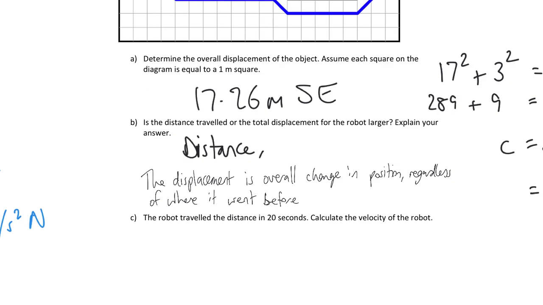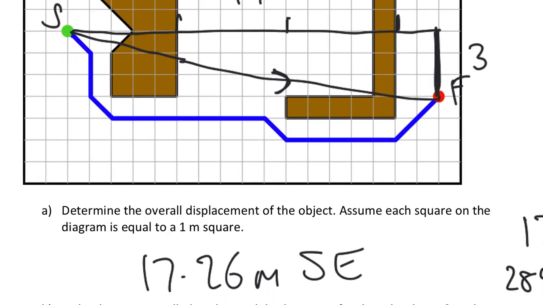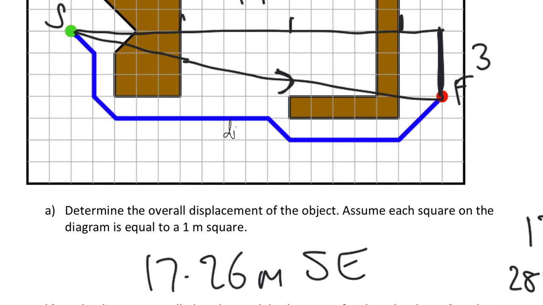All right, so you can see here that the robot traveled quite a bit before it reached the final destination. Right, so therefore that distance line, which is this blue line here, distance versus displacement, is going to be much larger than the displacement.